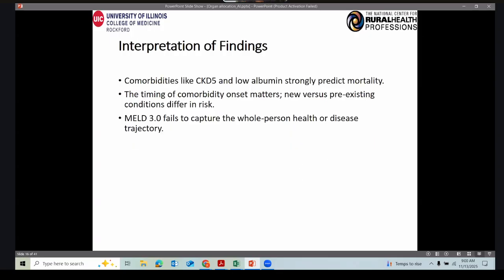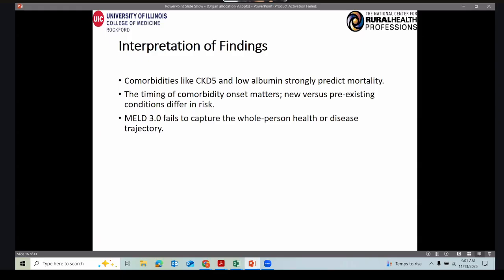Now, let's discuss the interpretation of our findings and what they really mean in a clinical context. From our analysis, we found that certain comorbidities, especially chronic kidney disease at stage 5 and low serum albumin, are strong independent predictors for post-transplantation mortality.